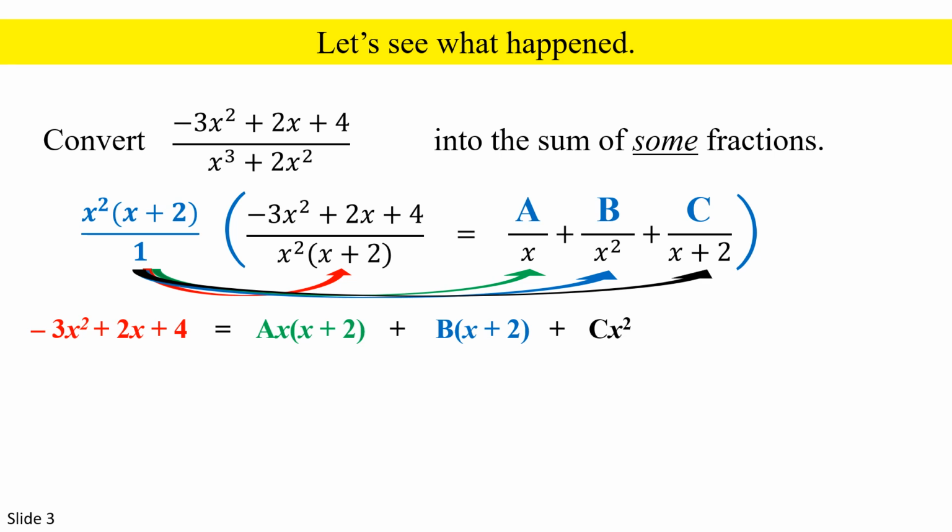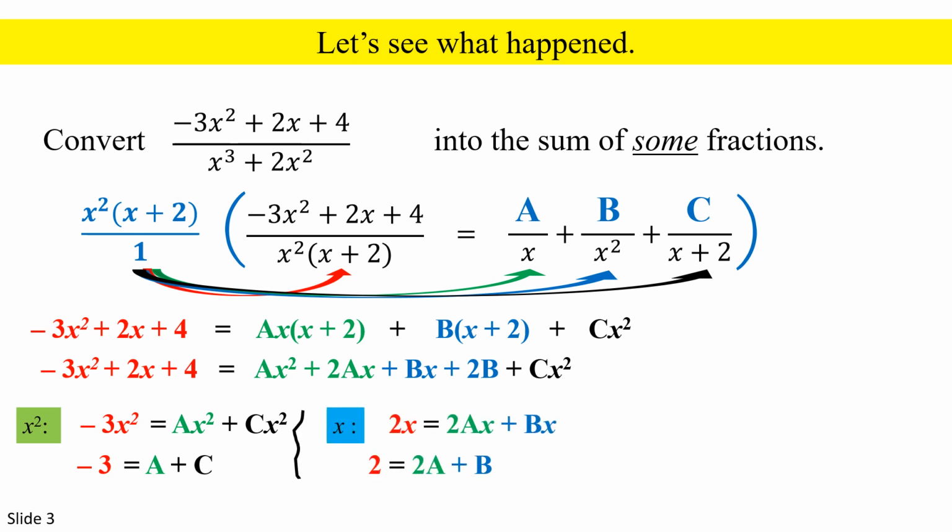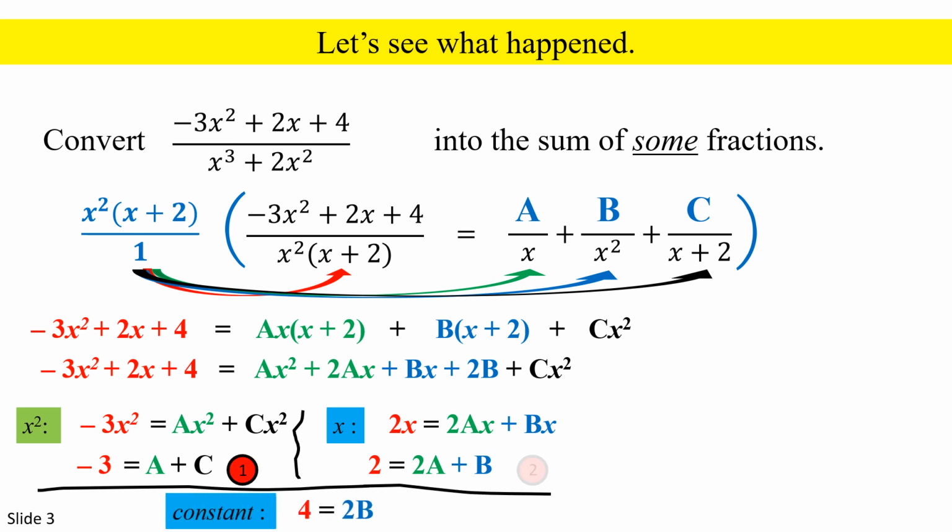Now I'm going to multiply everything out on the right side, and then we'll look at the x squared terms, the x terms, and the constant terms. Those are our 3 equations.